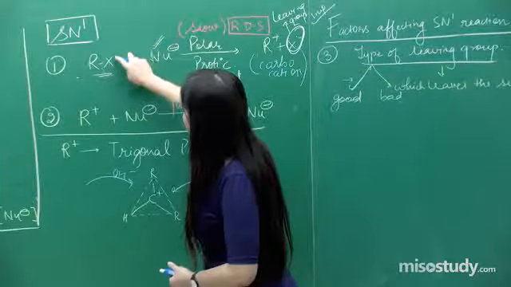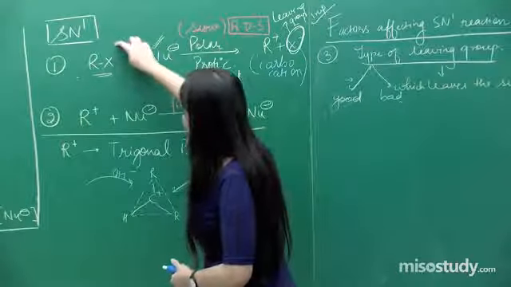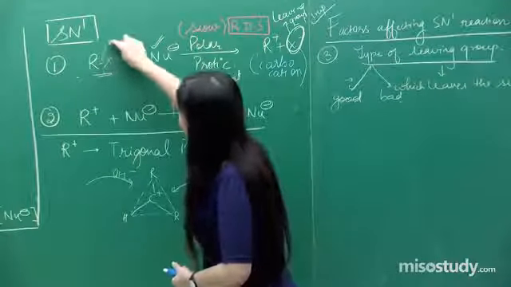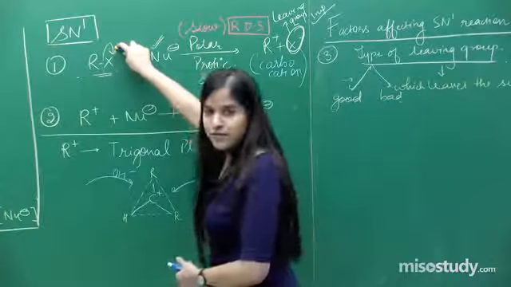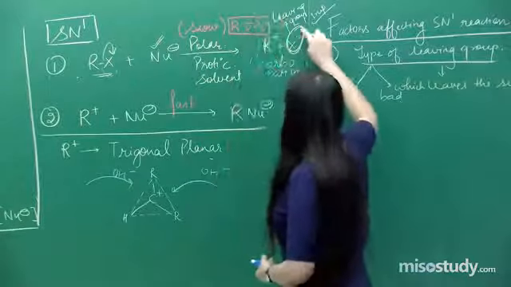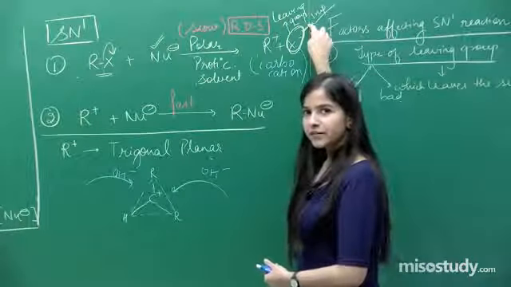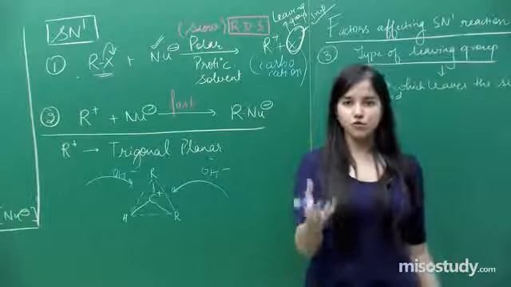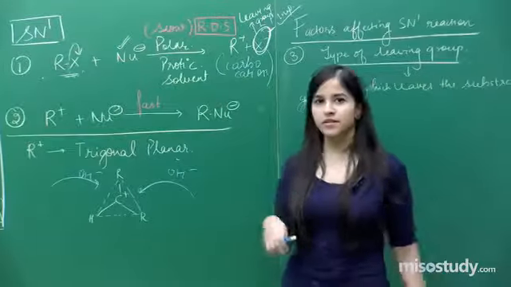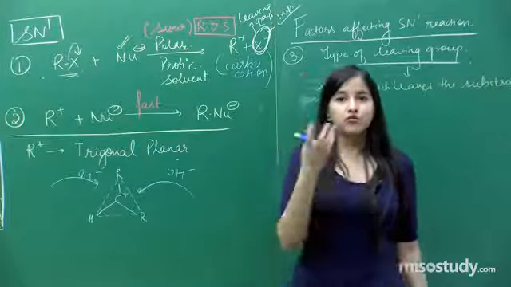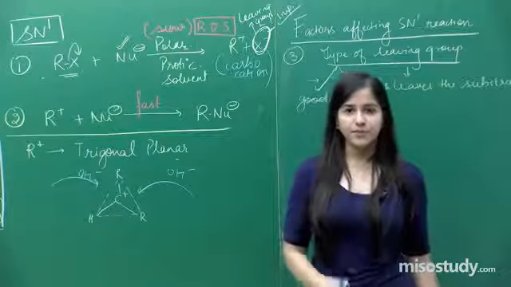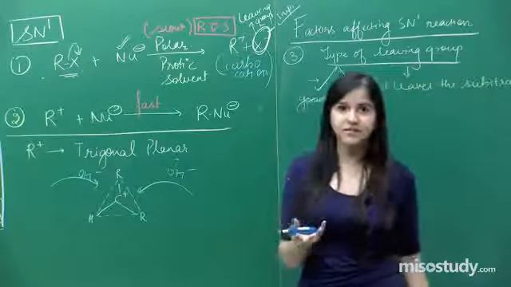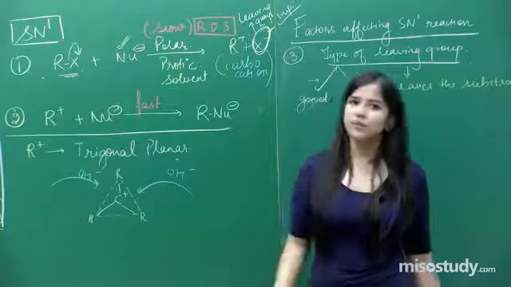This X, when it tried to leave from the main substrate, it took all the electrons with it, all the negative charge, and then was removed. That means it has enough capability to hold on to those electrons. How does it have so much capability? That means it has enough space. It is bigger in size. Clear? So that is what a good leaving group is.